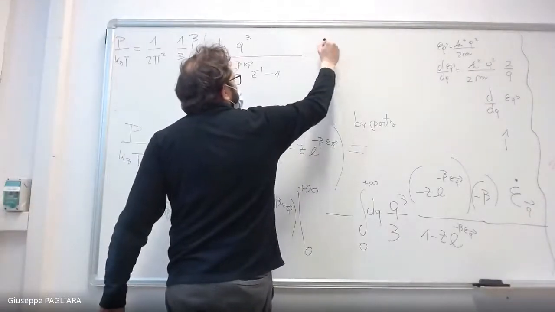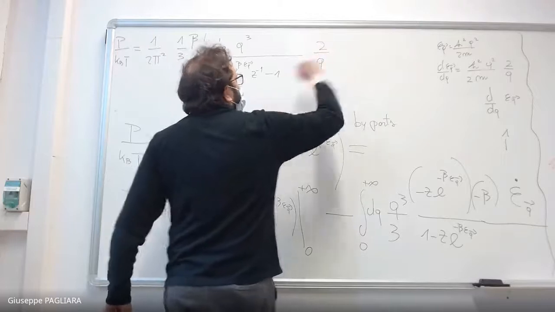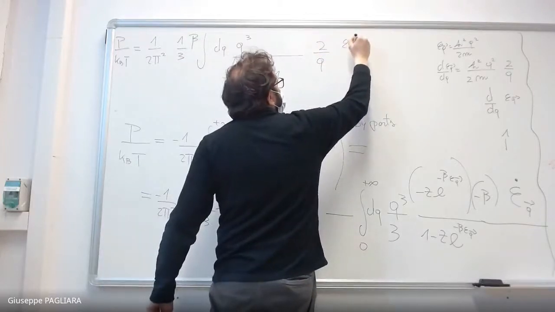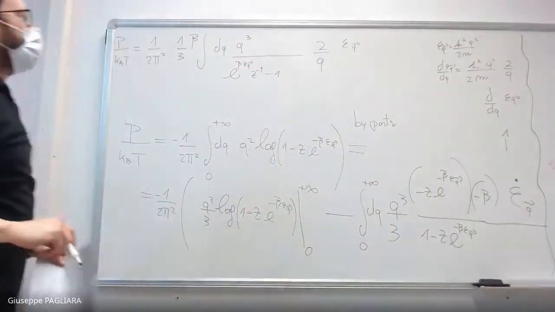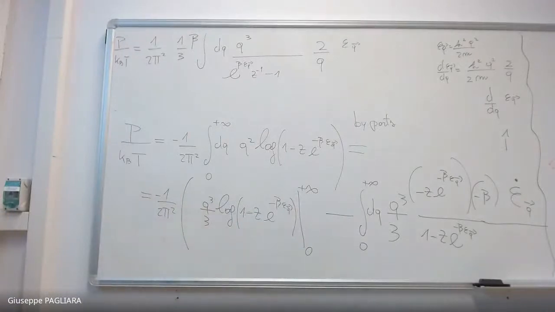So this is 2 divided by q times epsilon q. Yeah, it should be correct.